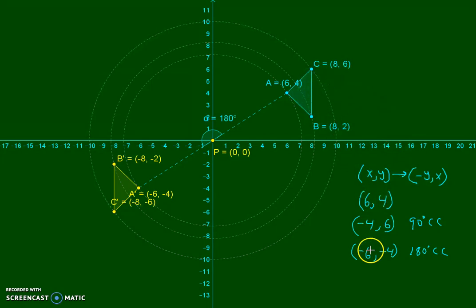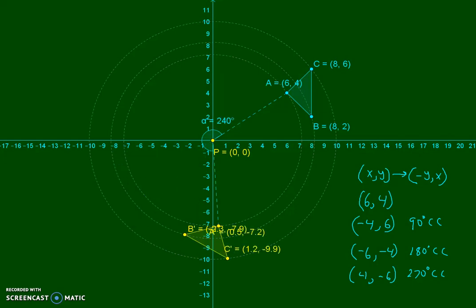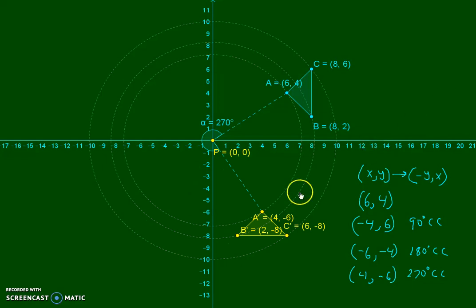So there's the 1, 2, and let's do it a third time. So (negative 6, negative 4) would go to negative y, which is 4, negative 6. Negative y, x. And that would be 270 degrees counterclockwise. And let's see that rotation. So let's go 270 degrees now. And take a look at point A. (4, negative 6). And there we have it.